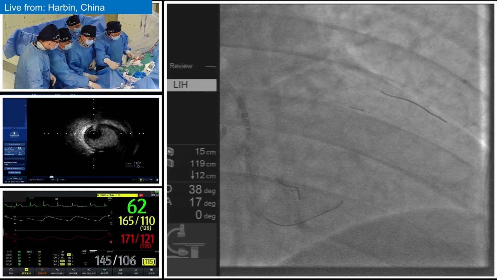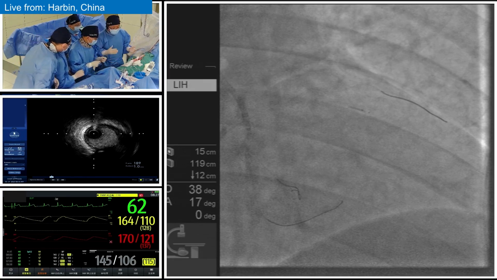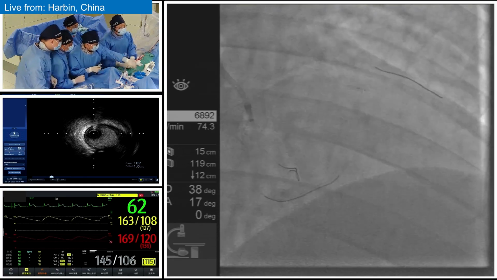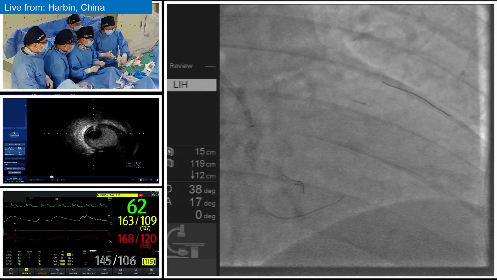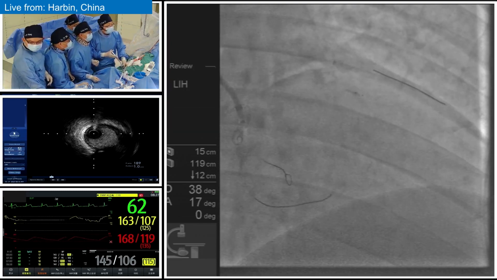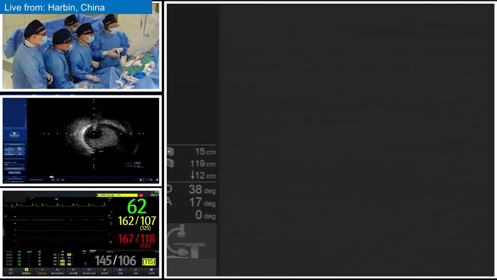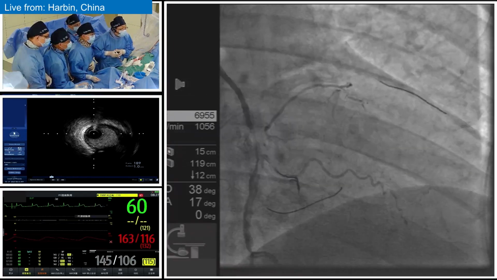Last time, I think there was no big hematoma. Yes. The more calcified the lesion, the less the formation of the hematoma. At that time, I think we should make a contralateral angiogram to make sure where the direction of the true lumen is.